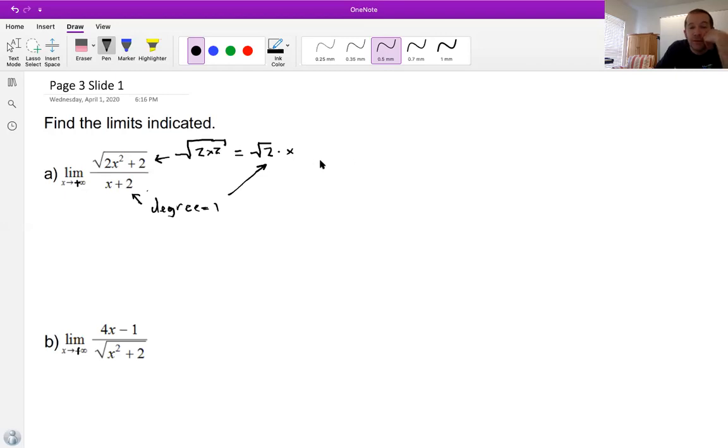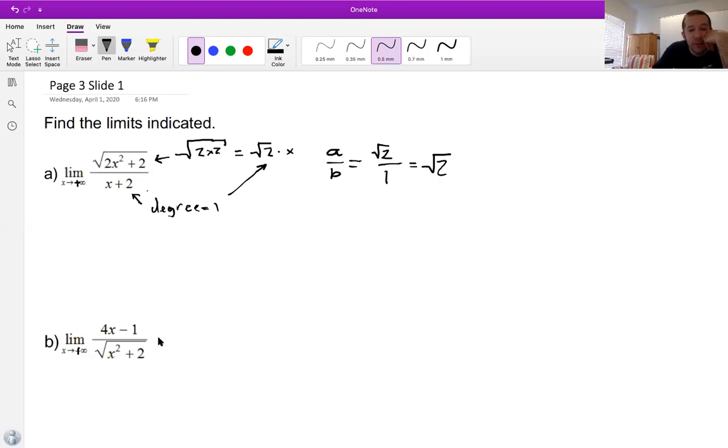So when the degrees of the numerator and denominator are the same, we look at that ratio of a over b of the leading coefficients. Here the leading coefficient of the numerator is root 2, and the leading coefficient of the denominator is 1, and you just get root 2. So this limit, as x approaches, remember, positive infinity, is equal to square root of 2.